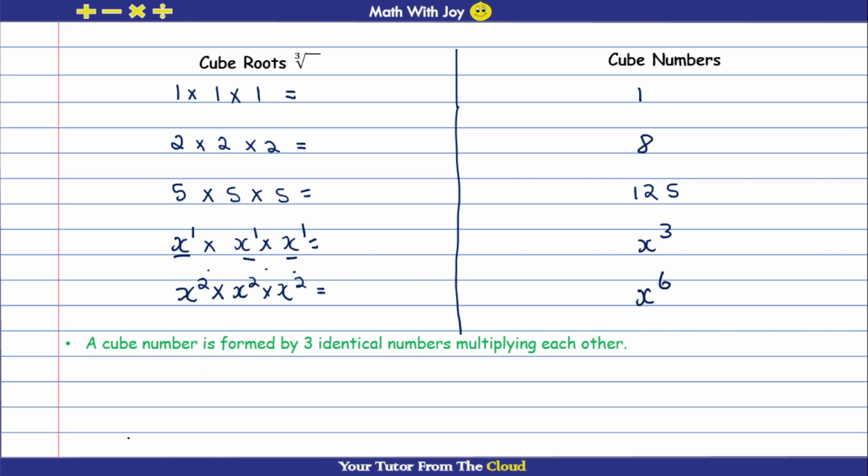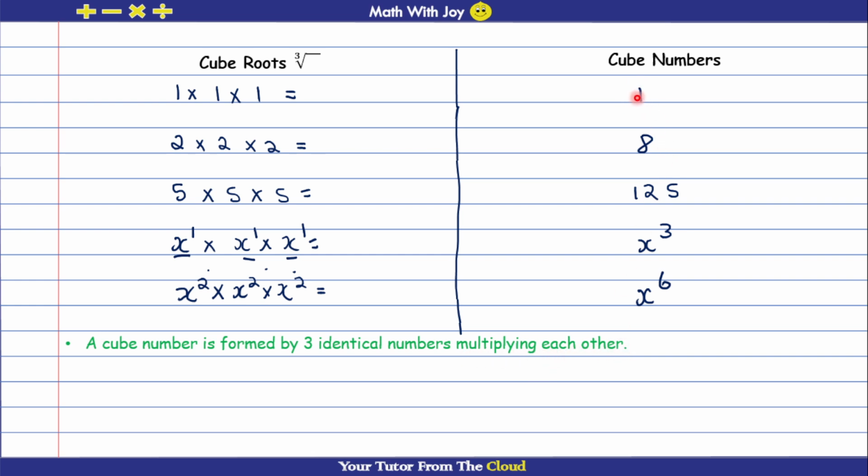All these numbers that we got as our answers here are called cube numbers. It's very important you note a cube number is formed by 3 identical numbers multiplying each other.